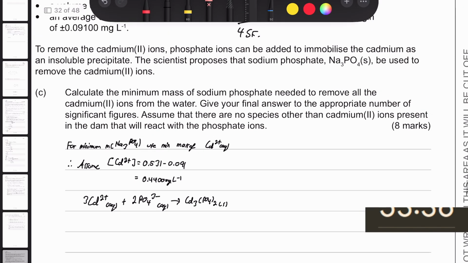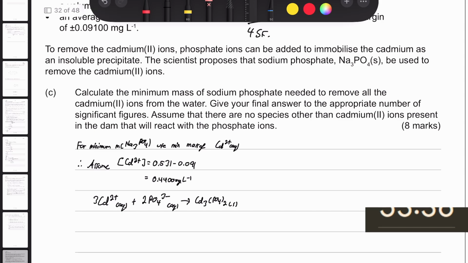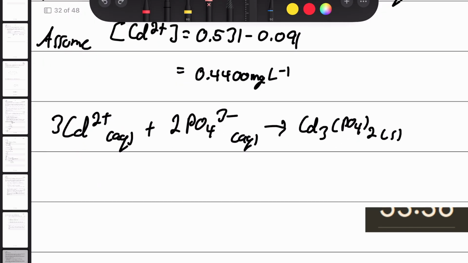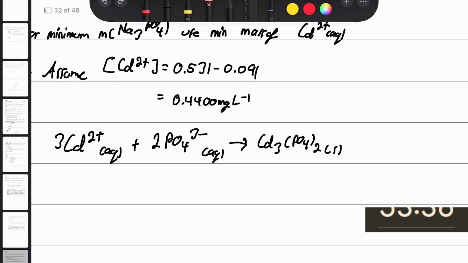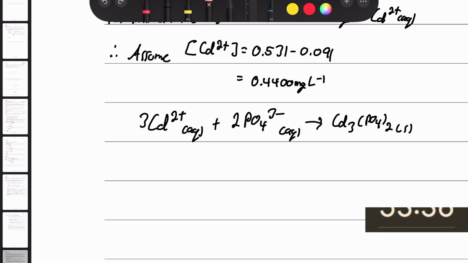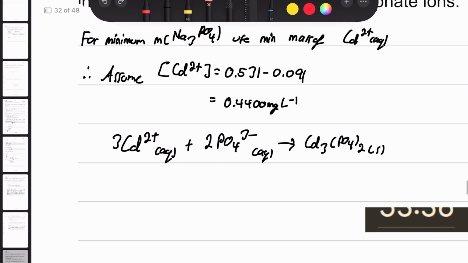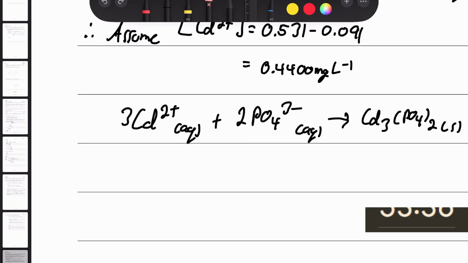Because the sodium phosphate's only job is to provide the phosphate ions. Okay, minimum mass of sodium phosphate. Yeah, okay, so here we can find the mass of cadmium.